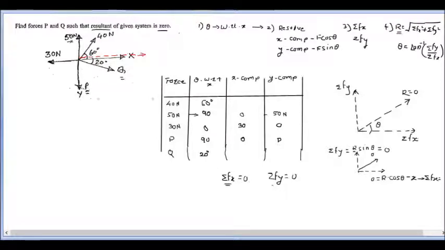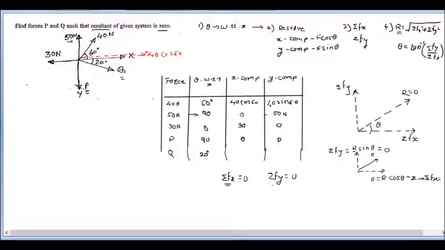So this will be its x component, with the value of 40 cos of 60, and it is acting along the positive direction. It means the sign convention for this component will be positive. So I will list out this thing here, that is 40 cos of 60 and 40 sine of 60.